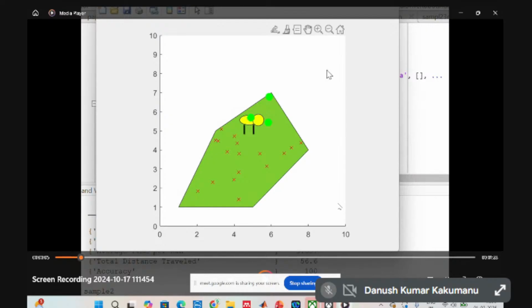So here, what is this nearest neighbor model? See here, what is the nearest neighbor model? In this, we are going to use different types of algorithms.